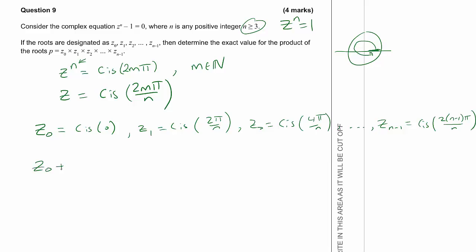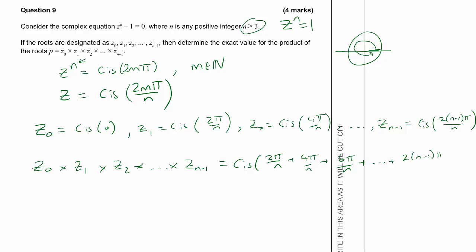So if we multiply these together, so we're multiplying them, then what we get is cis 2 pi by n plus 4 pi by n plus 6 pi by n, and so on, up to 2 n minus 1 pi on n.